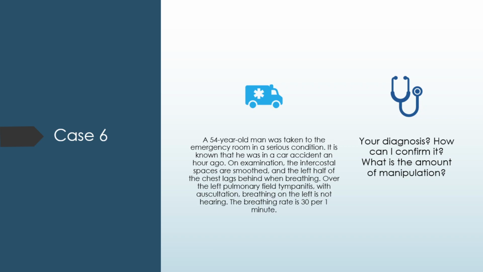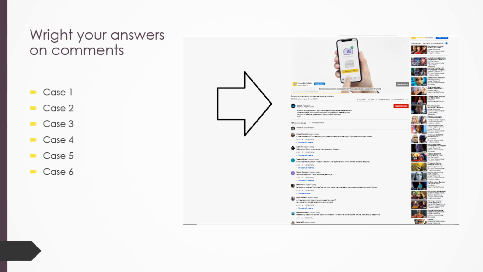With auscultation, breathing on the left is not heard. The breathing rate is 30 per minute. What is your diagnosis? How can you confirm it? And what will you do with this patient? Write it in your copybook.